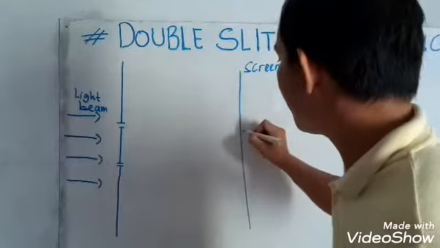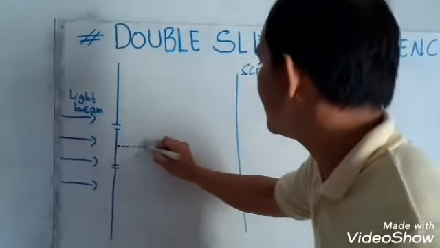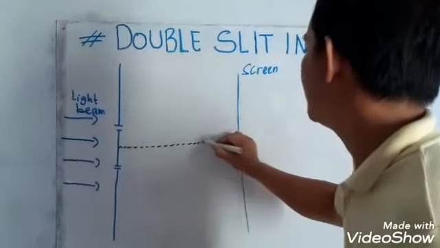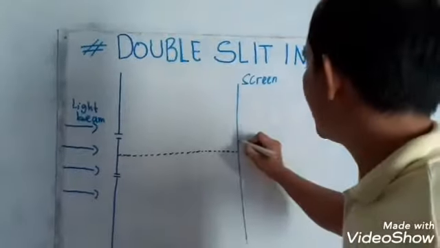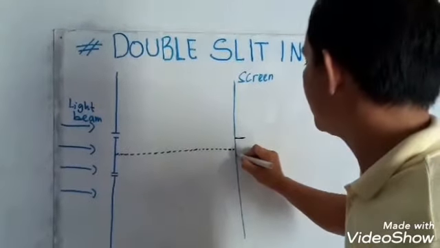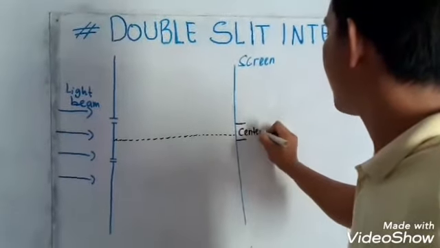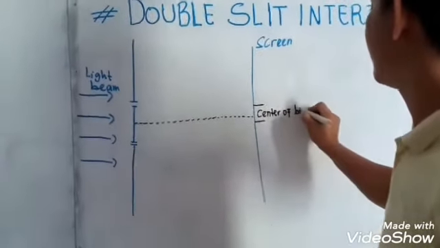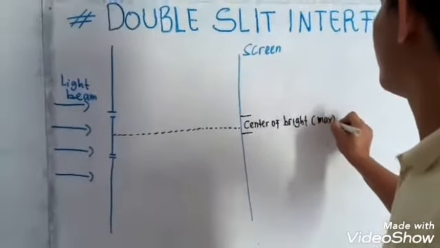Okay, the center of the bright here, that we see here, if we put the line like this, there will be a pattern here that we see the center of bright or maximum.